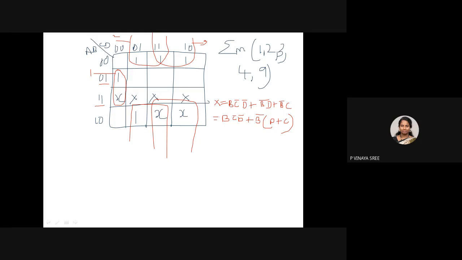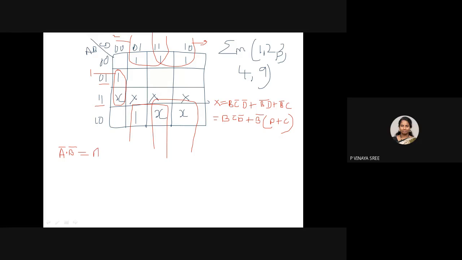Yes. According to De Morgan's law, A complement into B complement is equals to A plus B whole complement. Yes, very good.